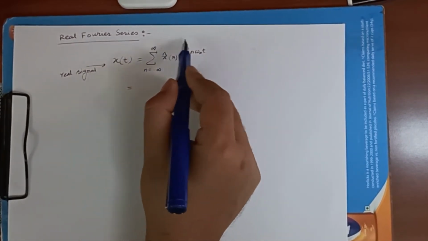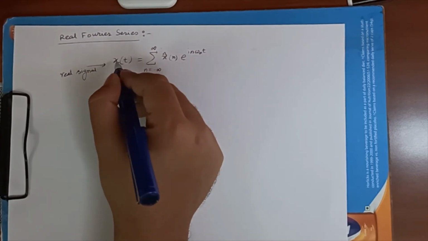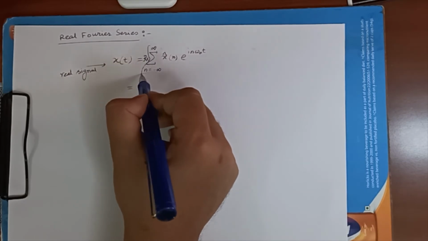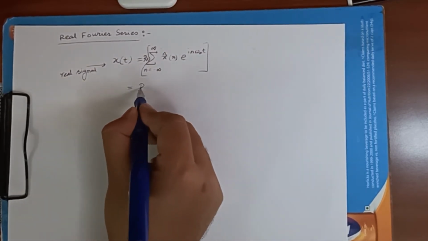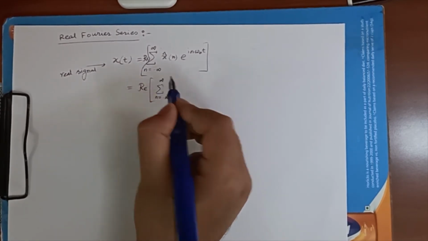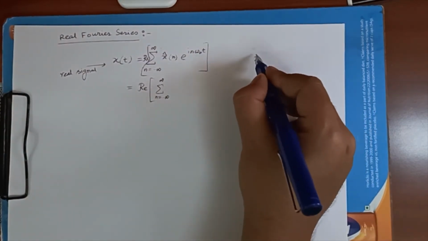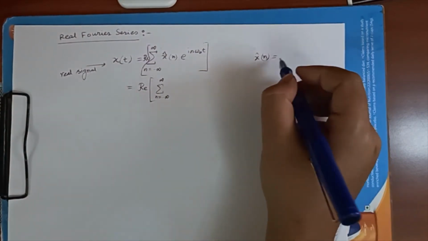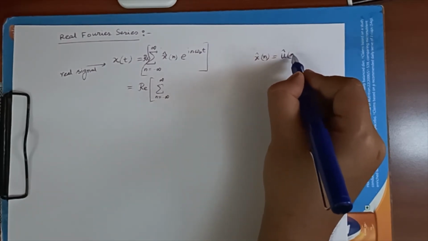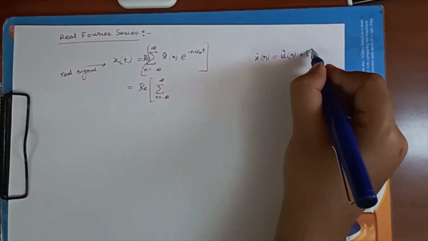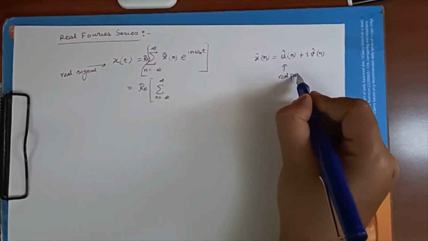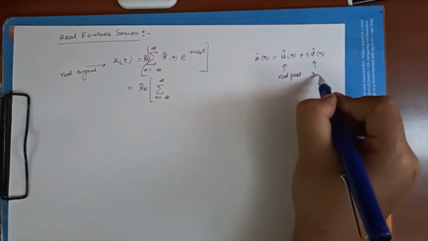Since this is a complex number, we can say that x(t) is basically the real part of the entire series. What is that? So x hat n we can write in two components, say u hat n plus i v hat n. This is the real part of the coefficients and this is the imaginary part of the coefficients.